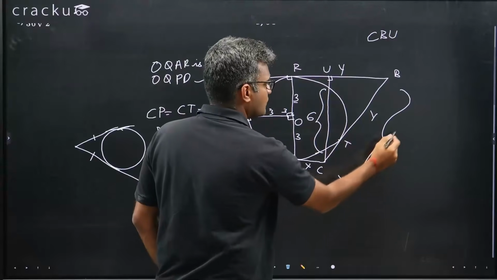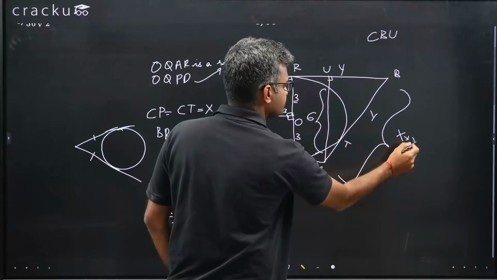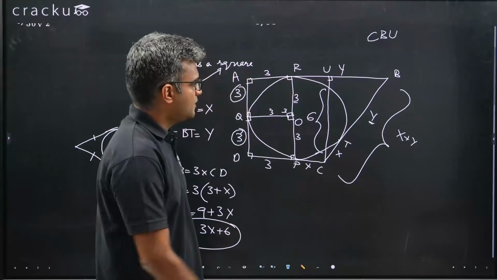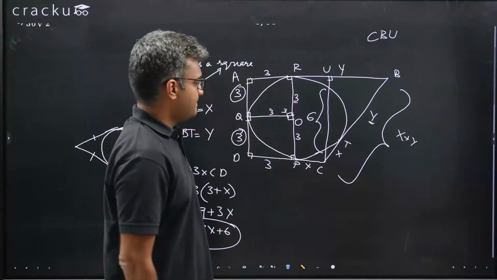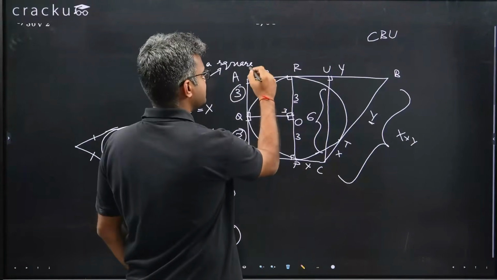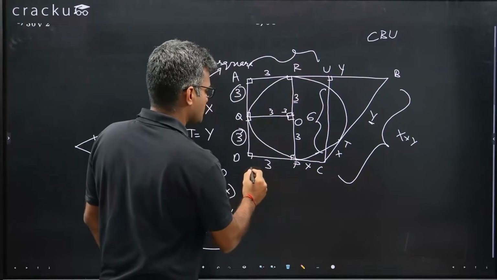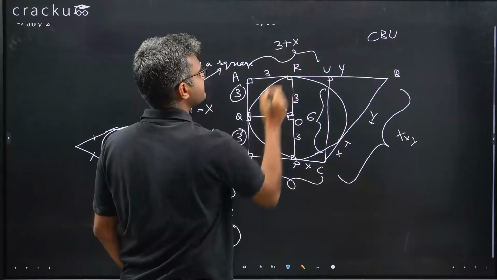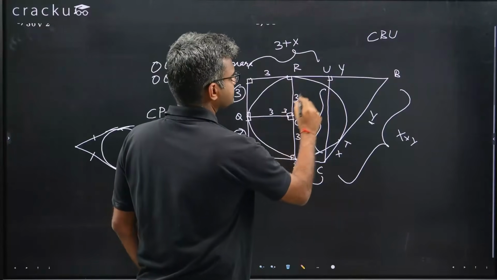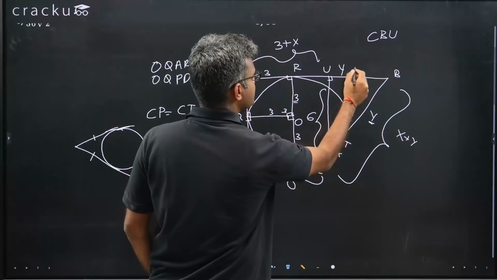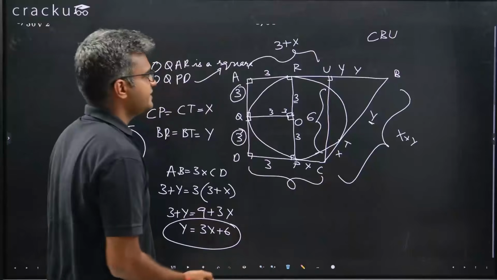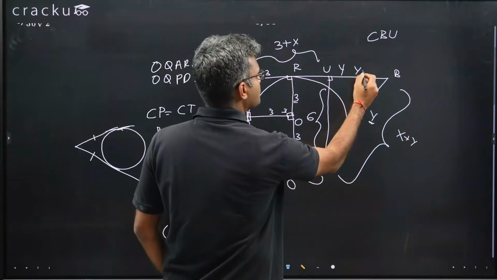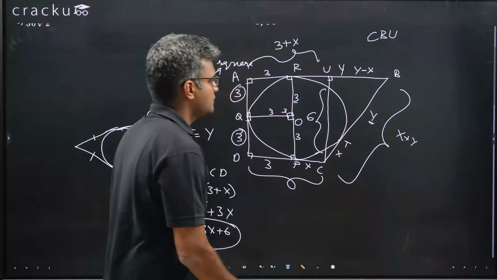This is equal to x plus y, because this is y and this will be equal to x. What is the length of BU? BU will be equal to this length over here, and this is equal to 3 plus x. Therefore, this length over here we actually know is equal to y. So this length will be equal to y minus x.